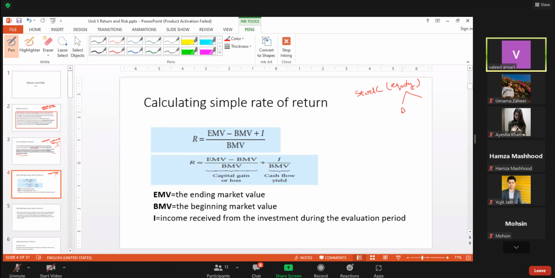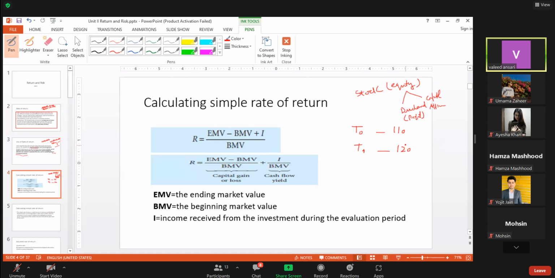So the return of these stocks can come either in the form of dividend, which is paid out of the profit, or it may come in the form of capital appreciation, that is capital gain or loss. Let us assume that a stock is purchased at period T at 110 rupees. After, let us say, 1 year, the prevailing price of this stock is 120 rupees.